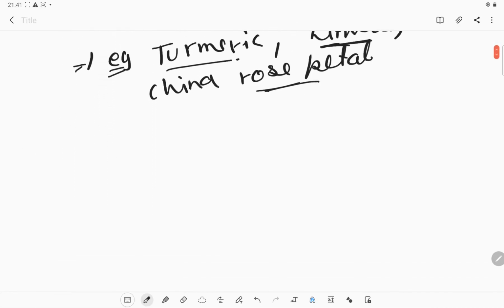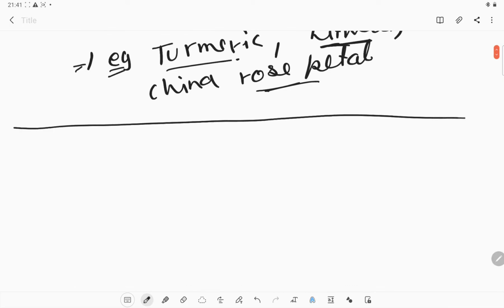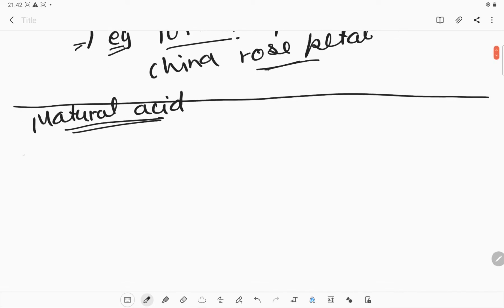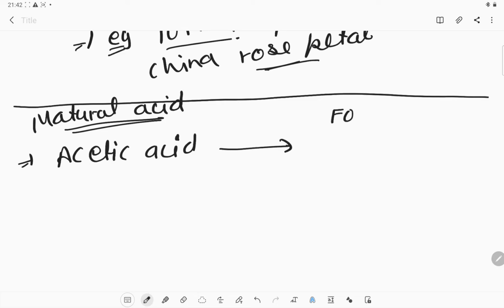What are the natural acids? Now we will talk about the natural acids which are present in our surroundings, or which we eat, like acetic acid. This is the name of the acid, and here I am writing where it is found, okay, in which animals or which fruits that we eat.